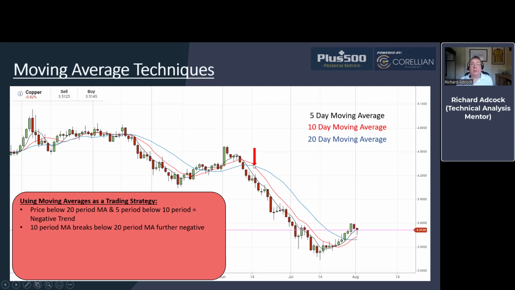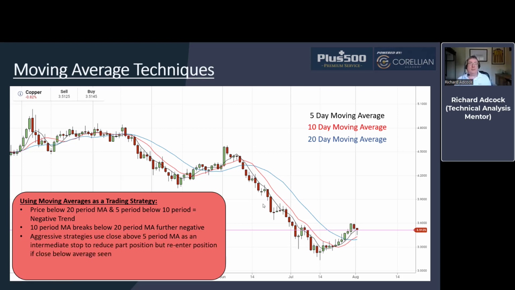When the 10-period then breaks below the 20-period, that's further confirmation of this downtrending condition, either giving us extra confidence holding the original position, or maybe even a signal to increase risk because we have confirmation of this ongoing downtrend set to continue.